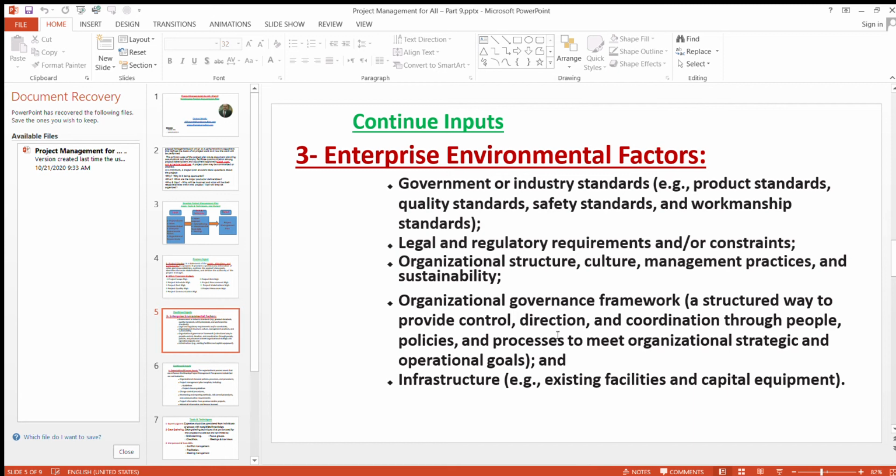The fourth one is the organizational governance framework, the structured way to provide control, direction, and coordination through people, policies, and processes to meet the organizational, strategic, and operational goals. The last one is the infrastructure. What are the existing facilities and capital equipment which are used in this organization?